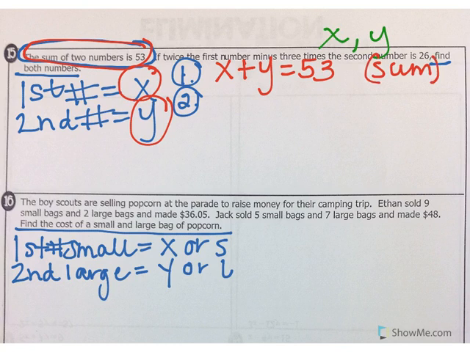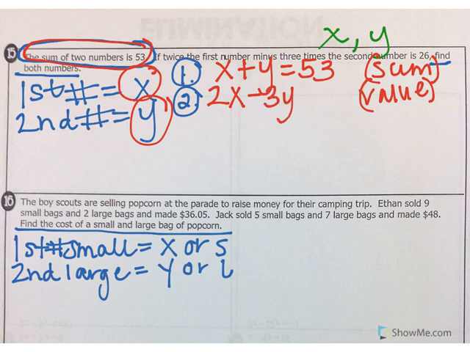The second equation is about value. What is each worth? The second equation comes from if twice the first number, so twice the first number is 2x, minus 3 times the second number, which is y, is 26.